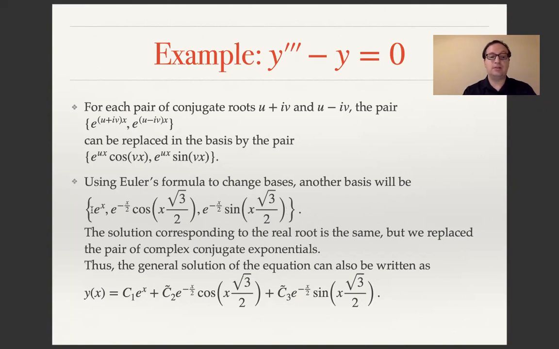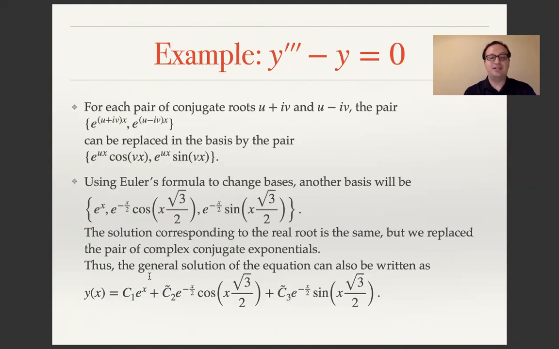Then, since this is again a basis, every solution of the equation can be written as a combination of these three special solutions. So it's some constant times e to the x plus another constant times e to the minus x over 2 cosine of x square root of 3 over 2 plus another constant times e to the minus x over 2 sine of x square root of 3 over 2.